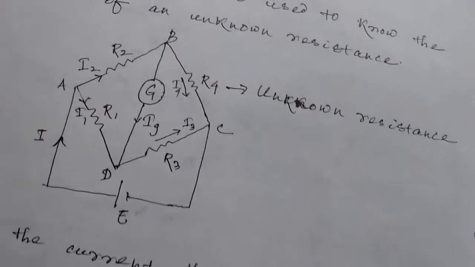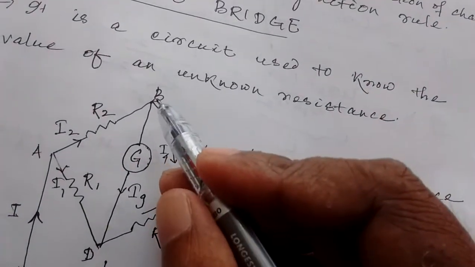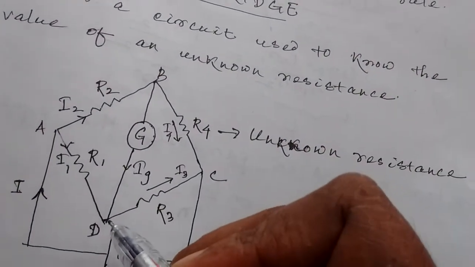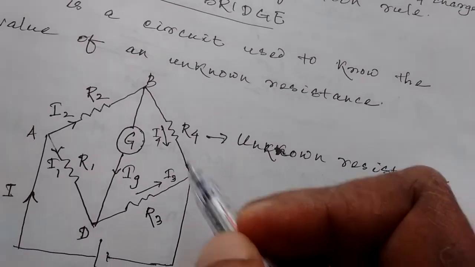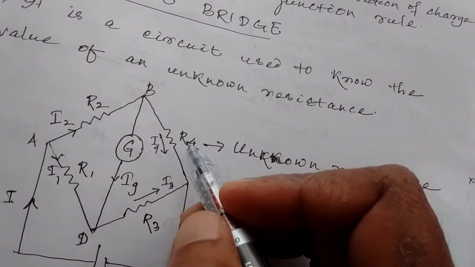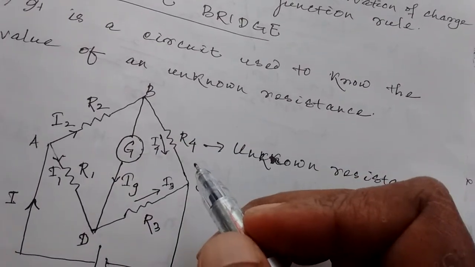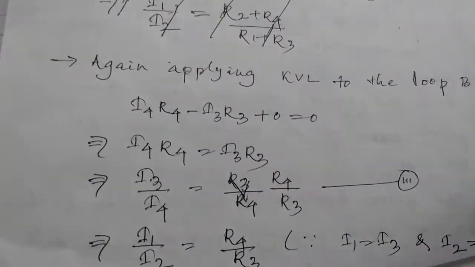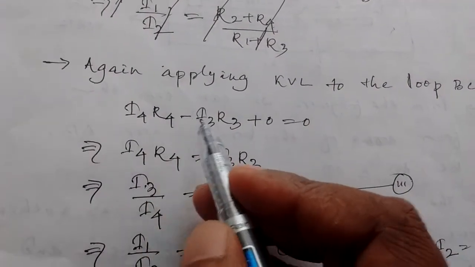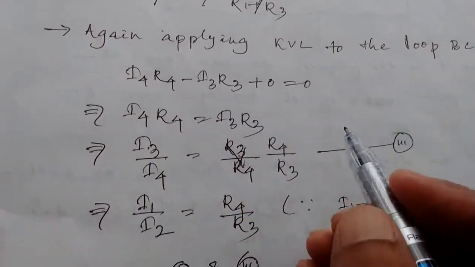Again I am repeating, if you go from here, I3 R3 is a drop, so minus I3 R3. Here it will be plus, so plus I4 R4 is equal to 0. So plus I4 R4 minus I3 R3 plus 0 is equal to 0.